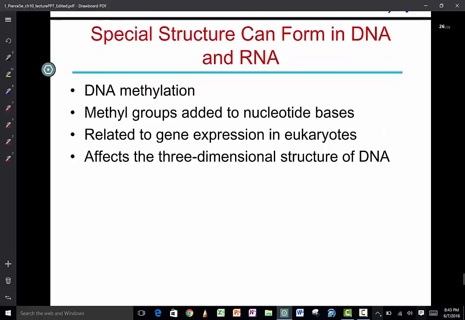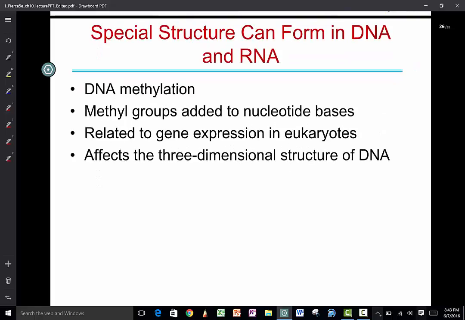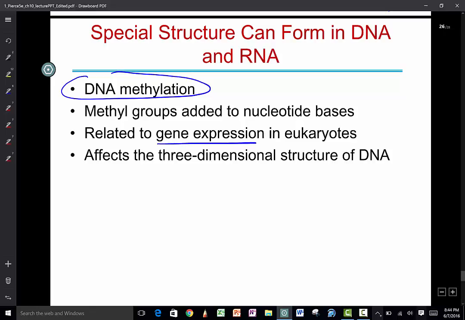Another thing while we're talking about DNA is that DNA can be modified, and one of the most common modifications of DNA is DNA methylation, and this is related to gene expression. So if you think back to earlier classes, a gene might have an enhancer, a promoter, and then some introns and some exons.